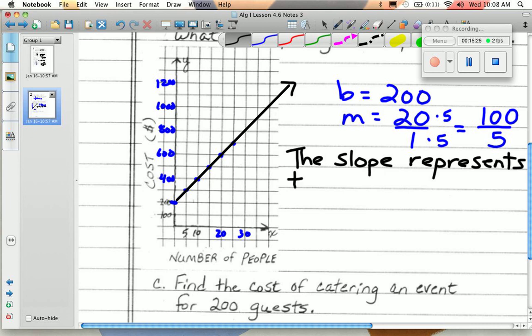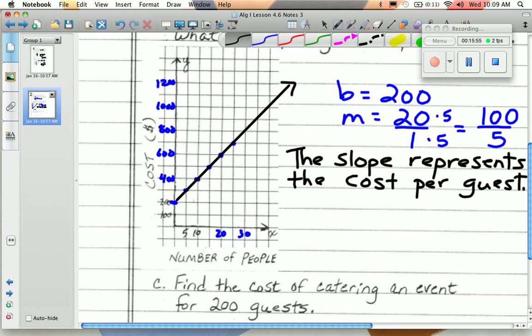Represents the cost per guest. Per person. That slope is telling us that you pay $20 for every one guest you have. Or, another way to say it is you pay $100 for every 5 guests you have. There's lots of ways we could say that, couldn't we?